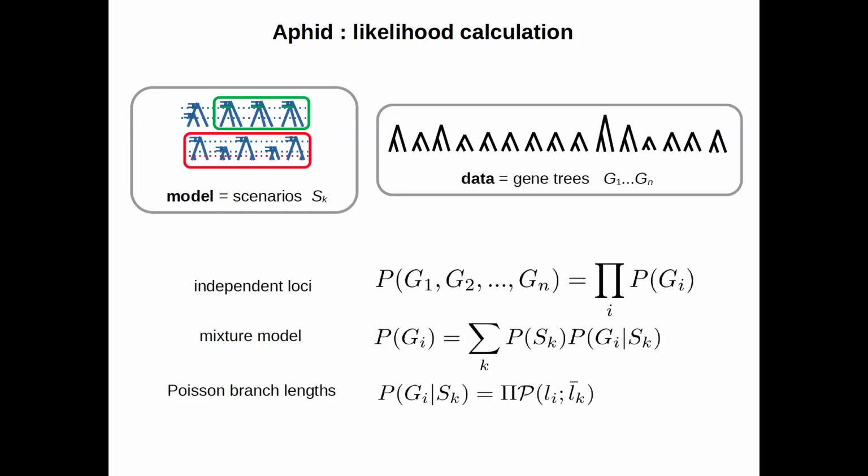So we want to assign a high probability to a gene tree given a scenario if the gene tree resembles the expected branch length of that scenario.